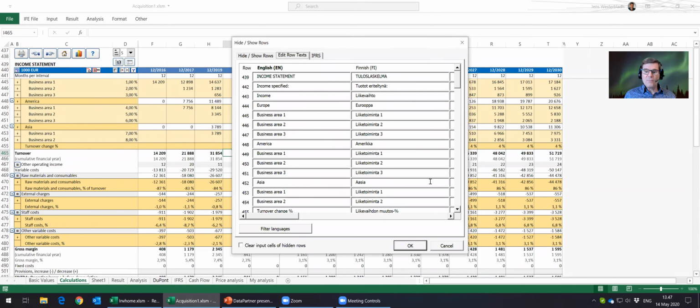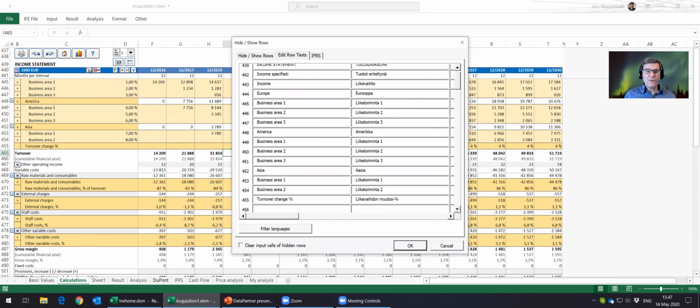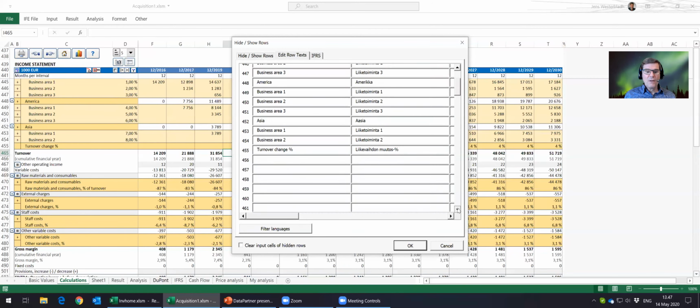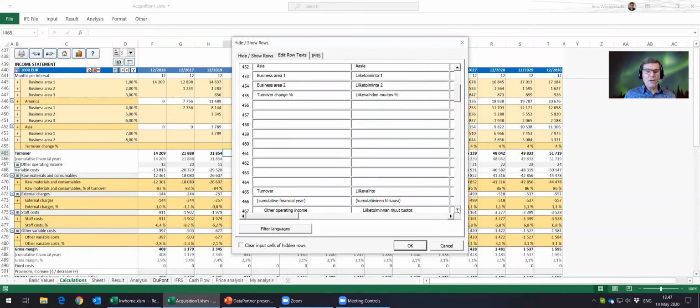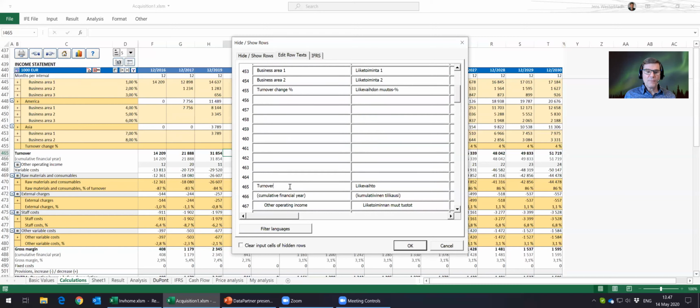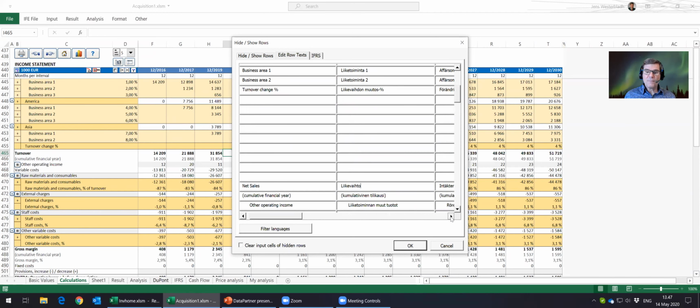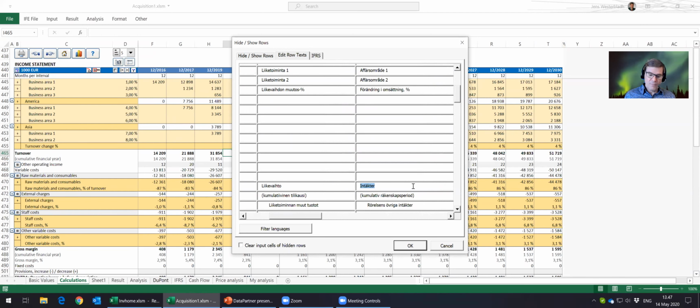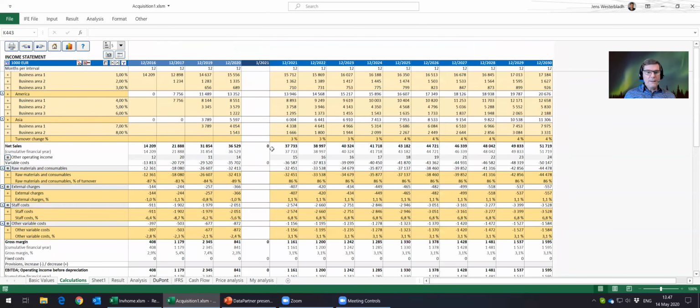So here we have renamed income to turnover, or we can call it net sales, whatever, like this, and in different languages. And then it's renamed.